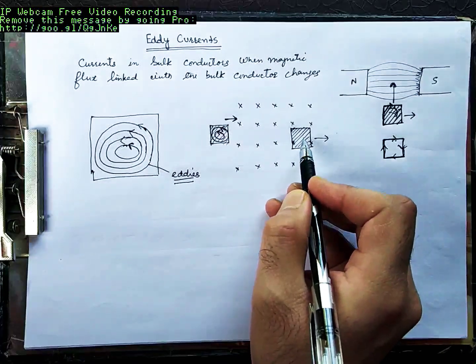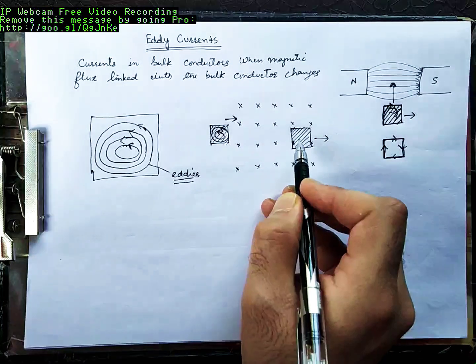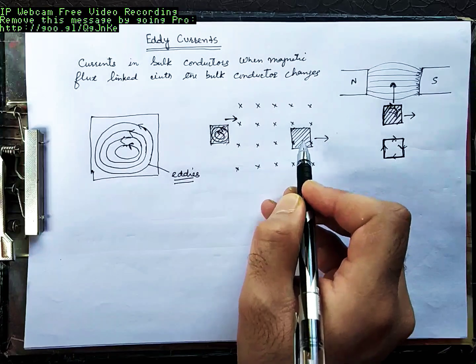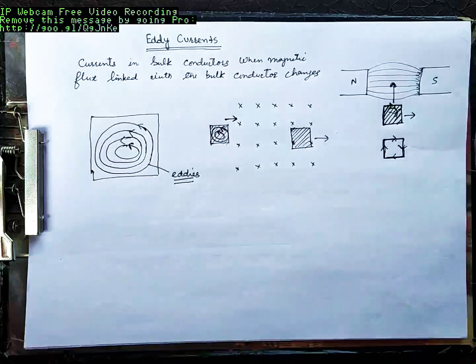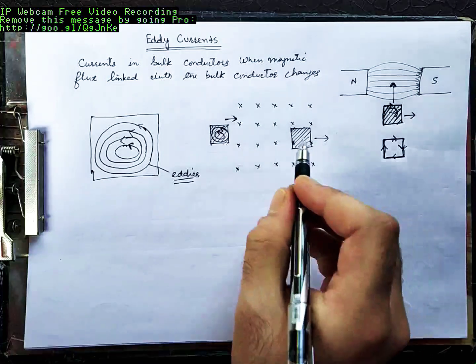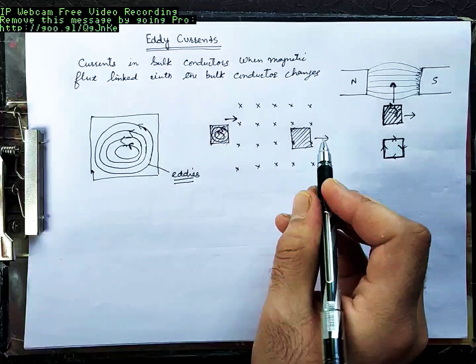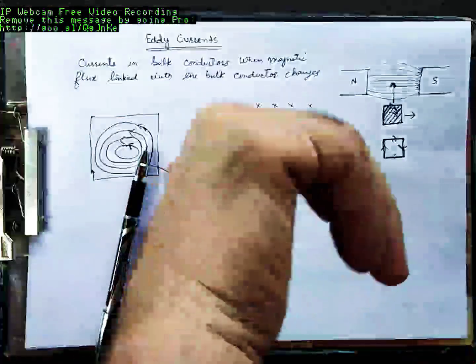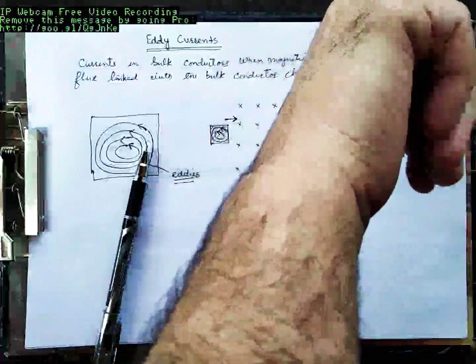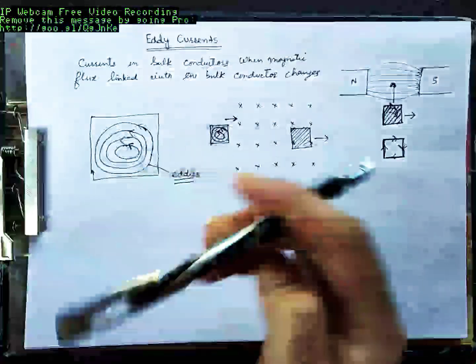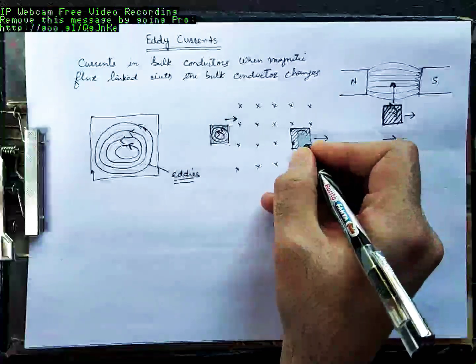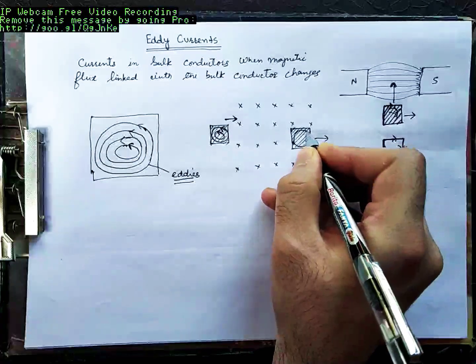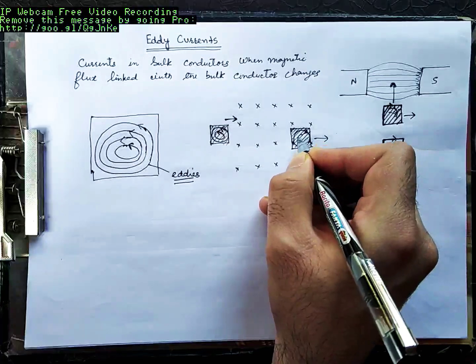The current will get induced in this, and it will oppose the cause. Cause was decreasing flux, so it will try to increase the flux, where flux is into the plane of page. So into the plane of page, current will flow in clockwise direction. So current here will be in clockwise direction.